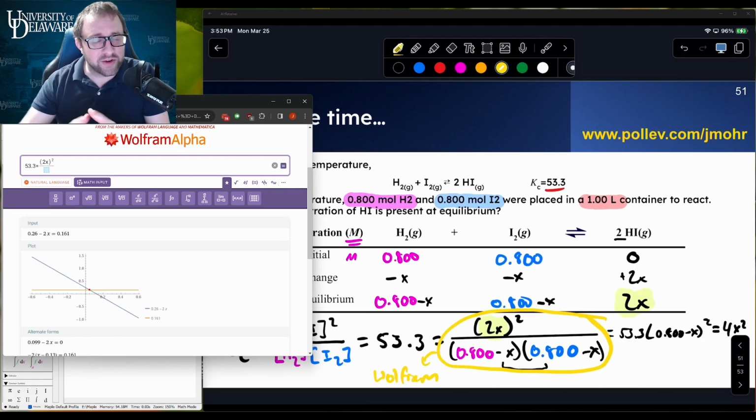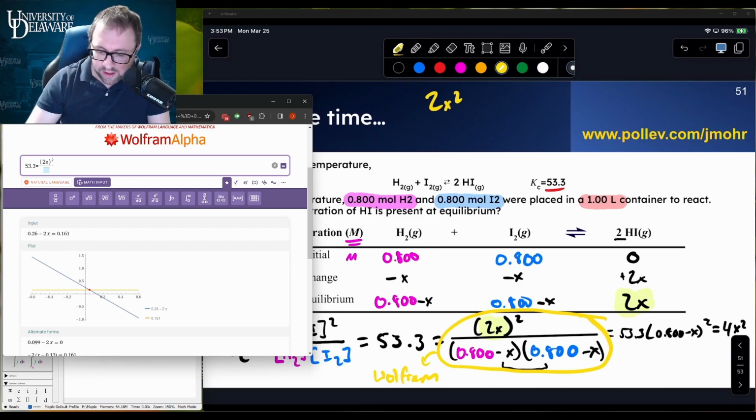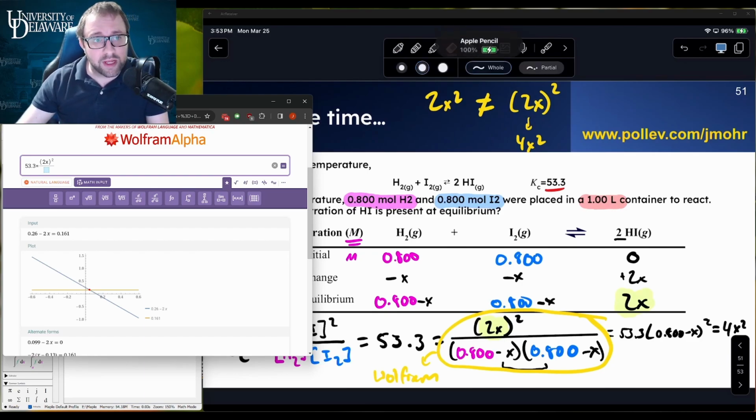Make sure you have these parentheses correct, your order of operations. 2x squared does not equal 2x squared, right? Because that's 4x squared. So just be careful of that. Remember to input these correctly.